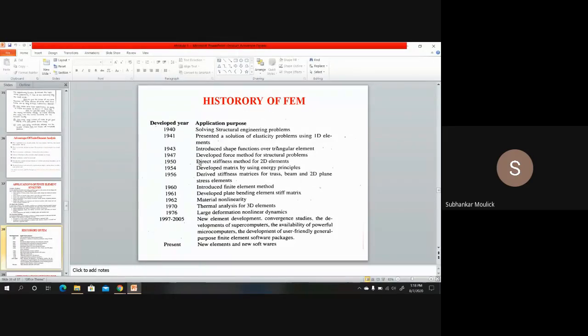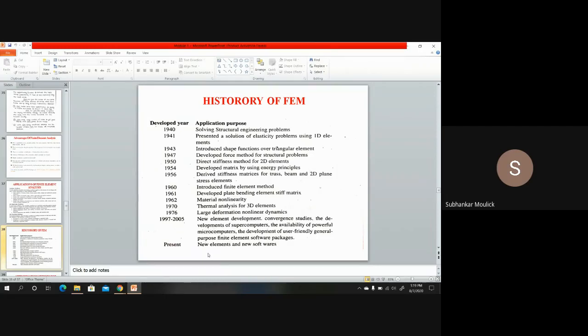Likewise, as the years progressed, in 1962 material non-linearity came into the picture in FEM. That means if any non-linear material is there, how we can model that material in FEM. Likewise, if you see different years, FEM has evolved and given you some applications.